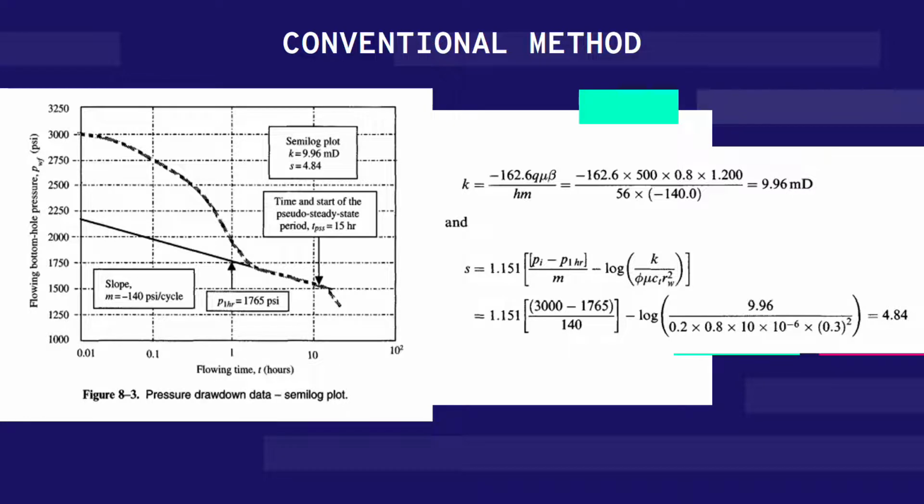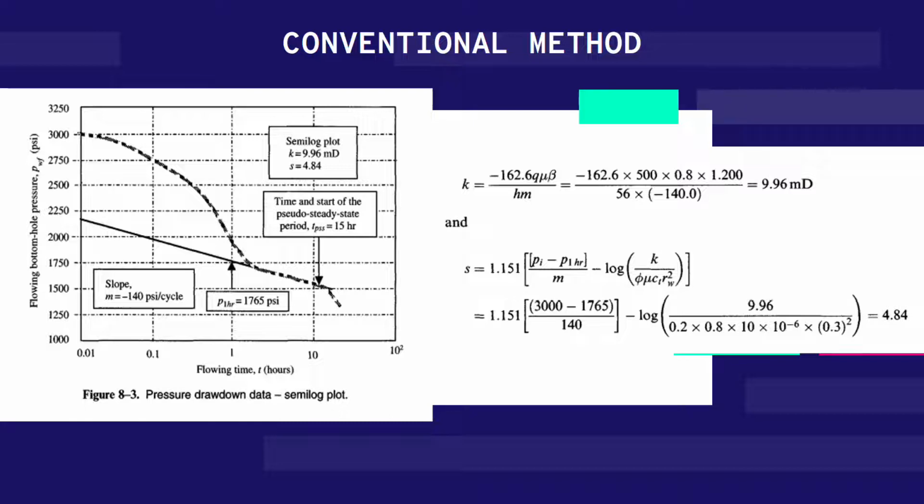And for s, the skin factor is 1.151 times the quantity of Pi minus P1hr all over m, minus log of the quantity of k over porosity times viscosity times compressibility times wellbore radius squared.